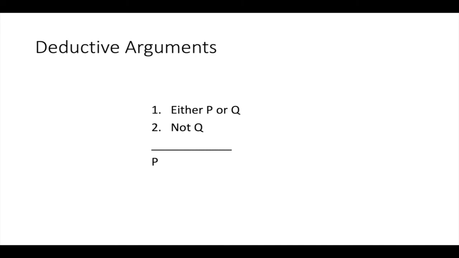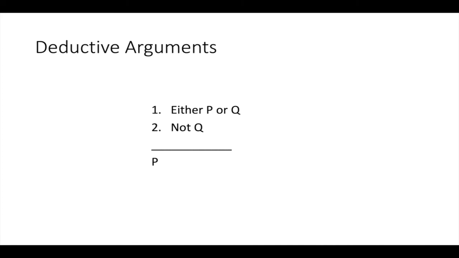So this is another valid argument structure. Either P or Q, not Q, therefore P. Again, validity tells us that if both of these premises are true, the conclusion has to be true. Premise 1 tells us that at least one of these sentences is true, P or Q. At least one is true.